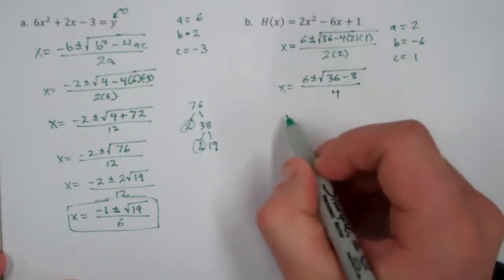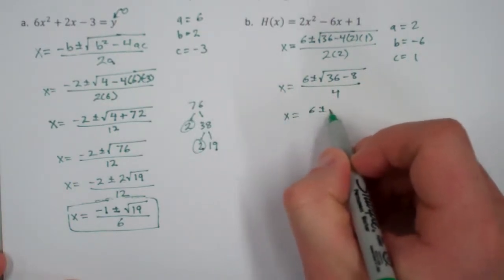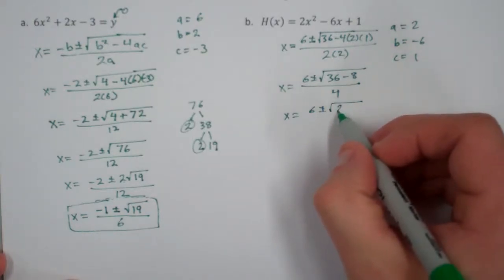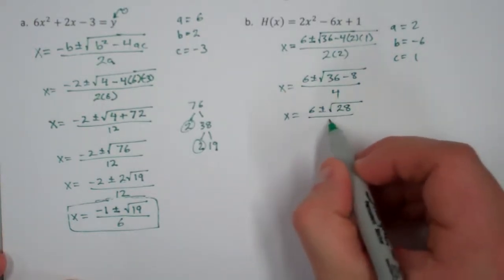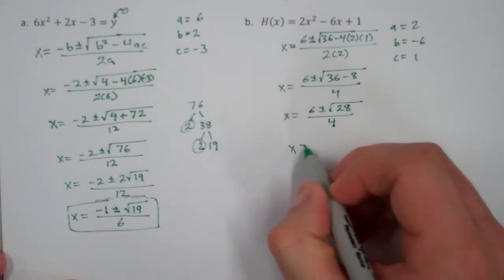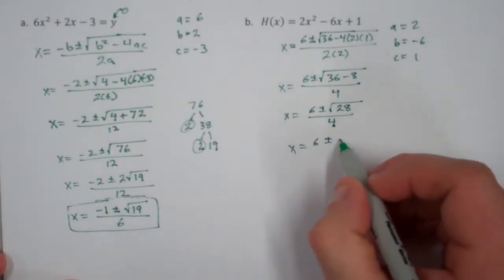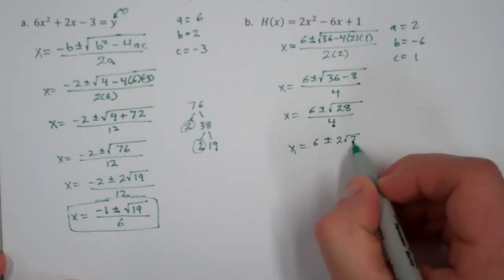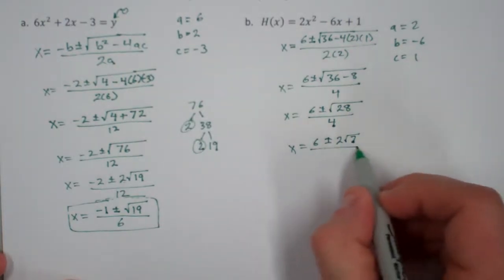And then we've got 4 here. So we've got 36 minus 8, which is 28, all over 4. And I think we can rewrite the square root of 28 as being 2 root 7. 4 times 7 is 28.